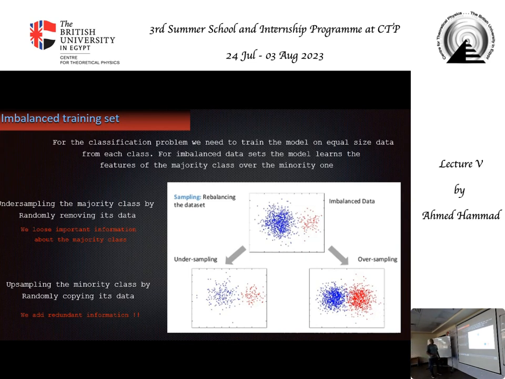So the first solution is to reduce the majority class. Like we say, okay, I throw away more points from the blue points, such that the size of the red points and the blue points are the same. But in this case, we lose information, right? Because I'm throwing away most of the points in the blue points class, and this is called undersampling.